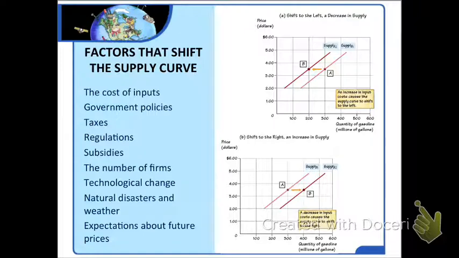Finally, the final factor that can affect the supply curve would be expectations about future prices. Unlike perishable goods such as tomatoes and milk, goods such as light bulbs and dishwashers can be stored over time. For storable goods, the seller has a choice between selling the good now or in the future.